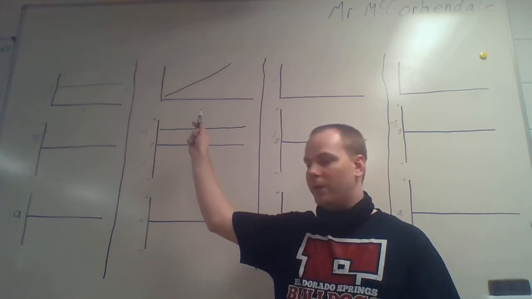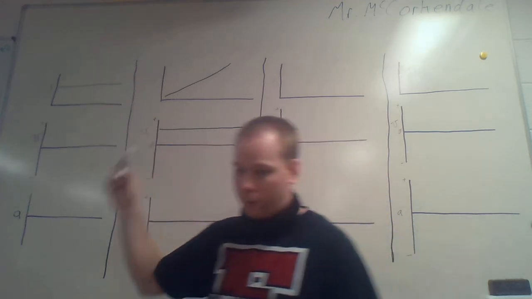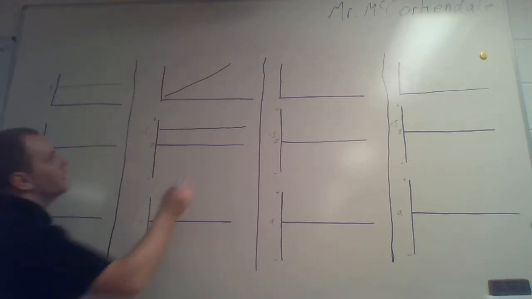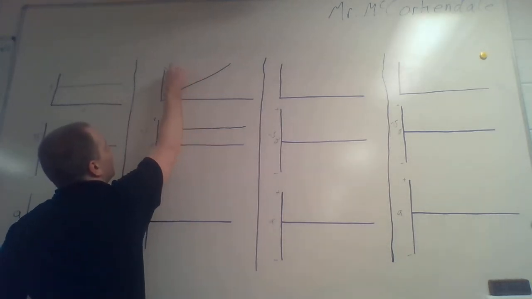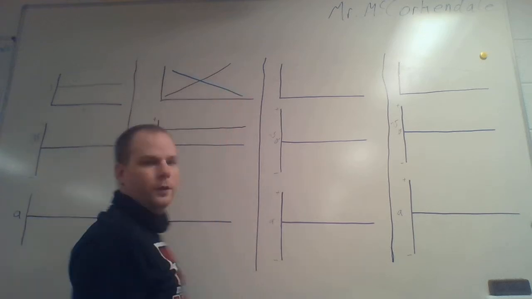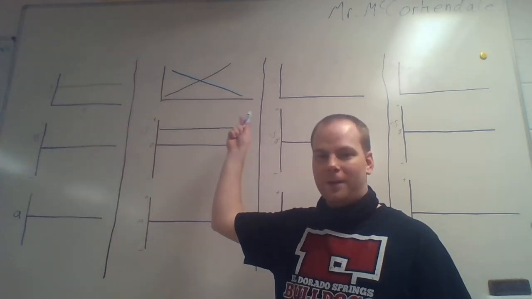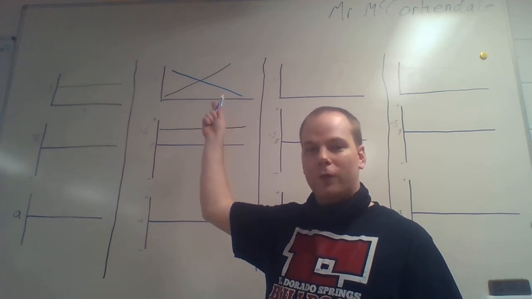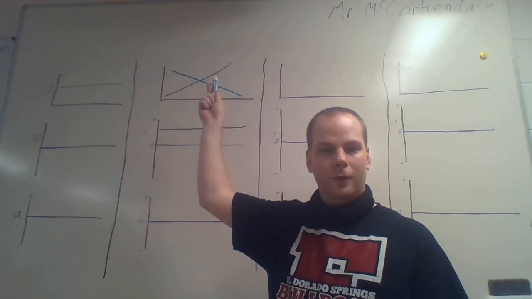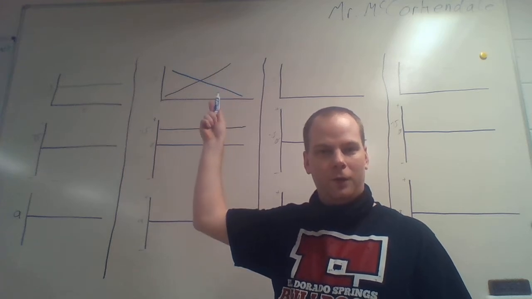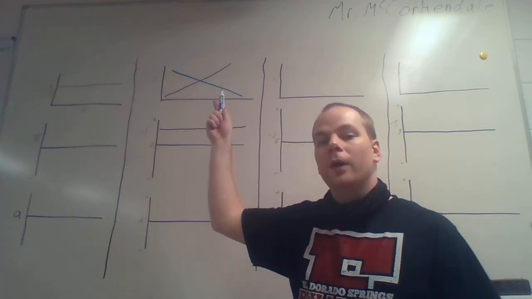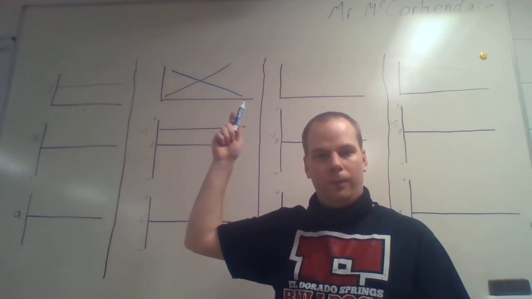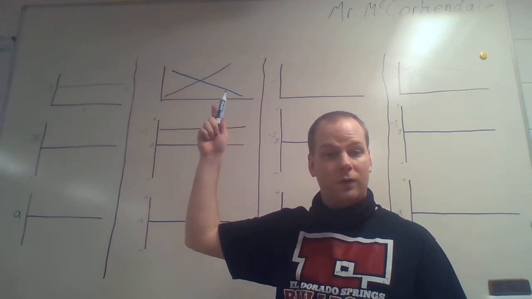Now, if this was sloped the other way, which I'll grab a different color and do real quick. For this graph, and I'm not sure how well you can tell that that's a different color, but it's supposed to be black. Black, and then this one that I just did is blue. For this one, we have a negative slope because it's sloping down instead of sloping up.